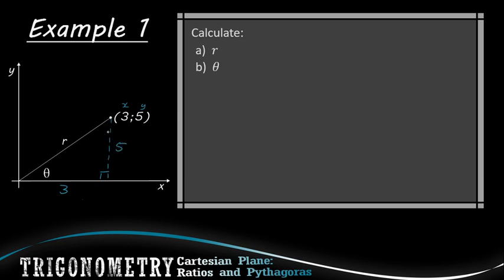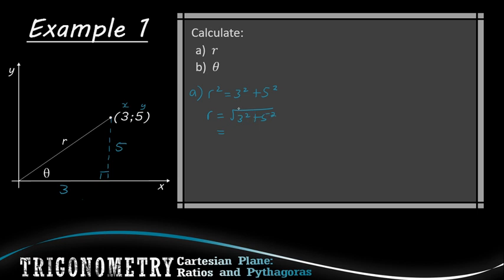Now we actually have a right angle triangle and two of these sides are known, which means we can just use Pythagoras. So r squared is equal to 3 squared plus 5 squared, and then we solve for r. So r is equal to the square root of 3 squared plus 5 squared, which is 9 plus 25.